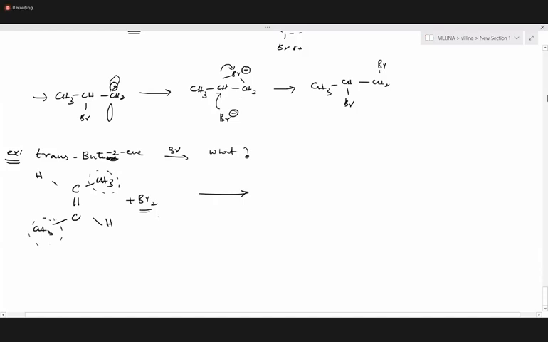So this Br2 will perform anti-addition. One bromine from one side, the other bromine from the other side. So we have CH3, CH3. Here you have hydrogen, so the bromine will get added here. Here you have hydrogen, the bromine will get added here. So this is the anti-addition part.